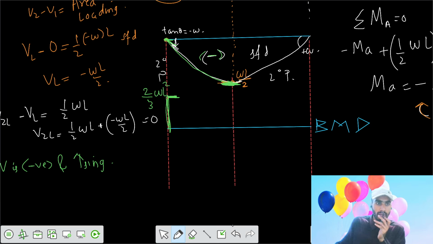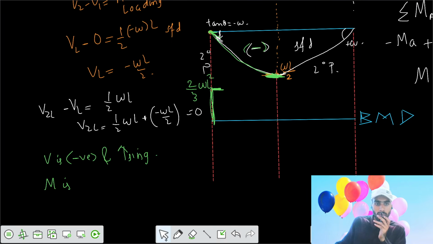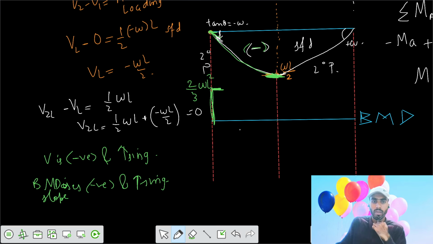So we can write that BMD slope is also negative and increasing.